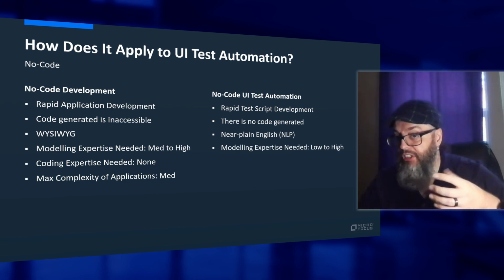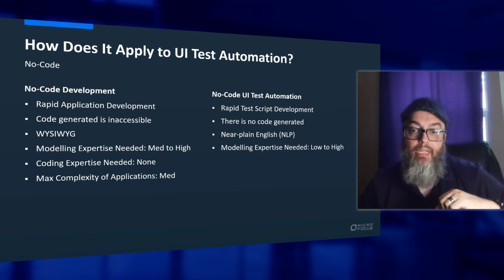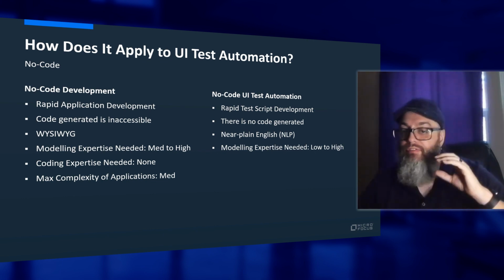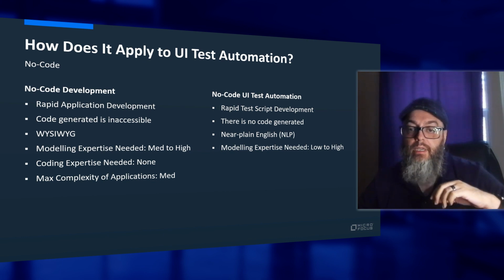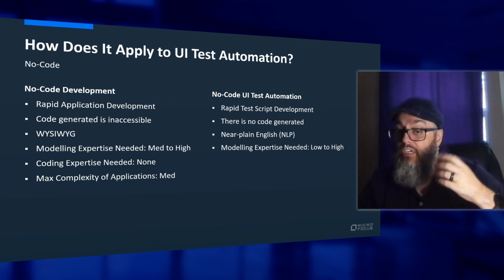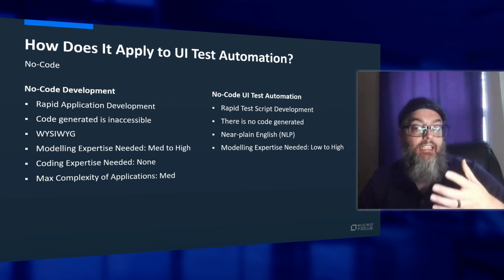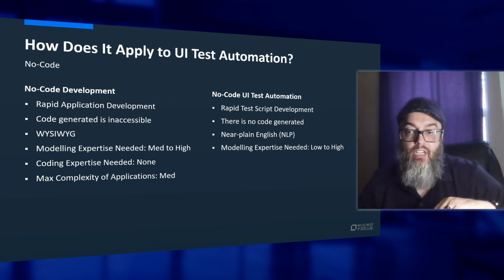The value proposition for no-code UI test automation is that you can drive automation into the hands of very non-technical resources. Those same non-technical resources are usually familiar with business process modeling, and as such, it makes sense to marry no-code UI test automation with a model-based testing solution.